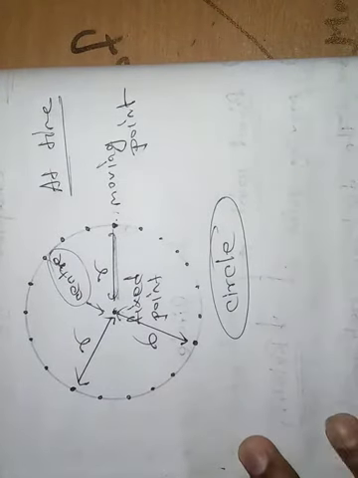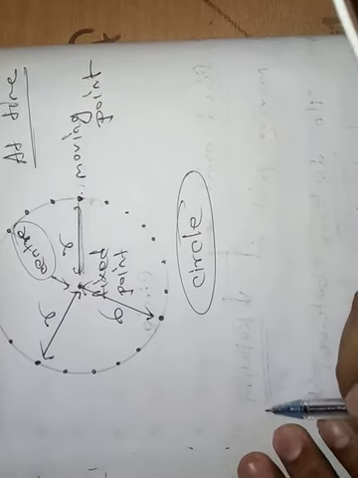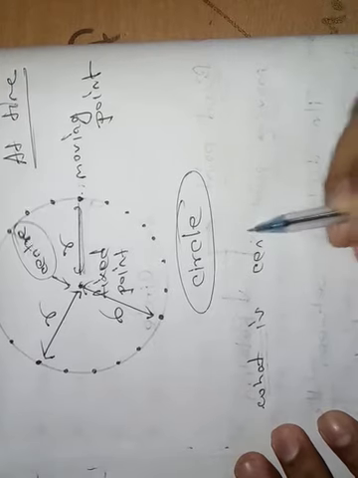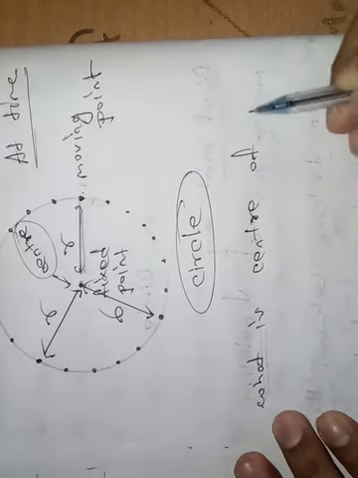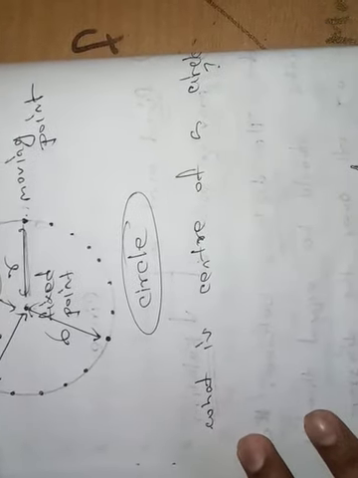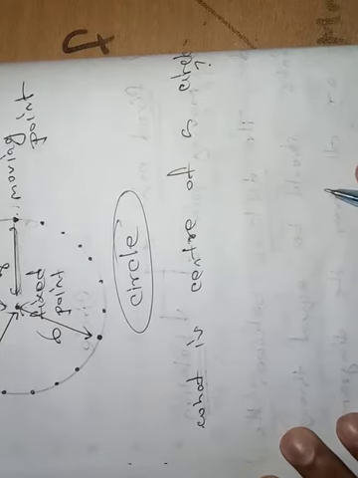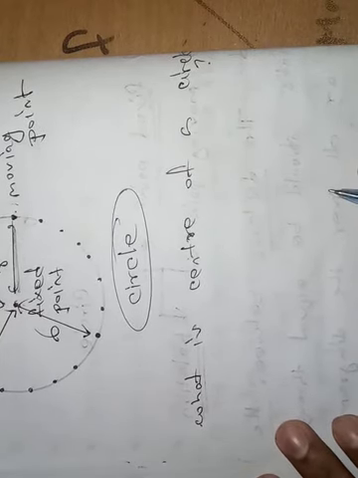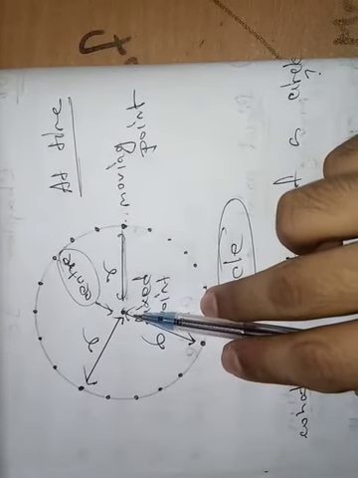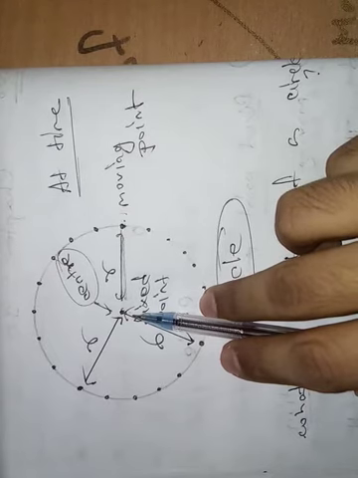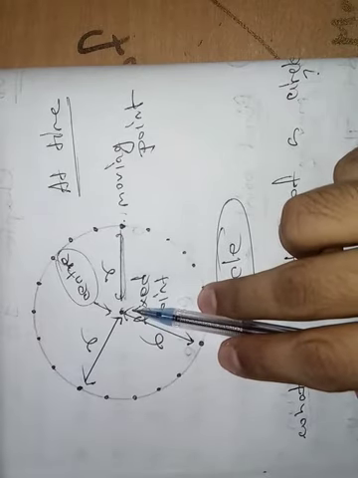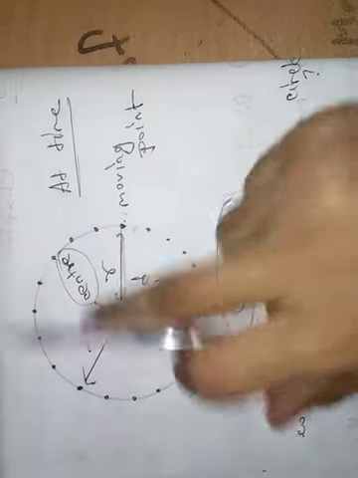Well, what is the center of a circle? The point that remains fixed in its initial position, we call that point the center of the circle.